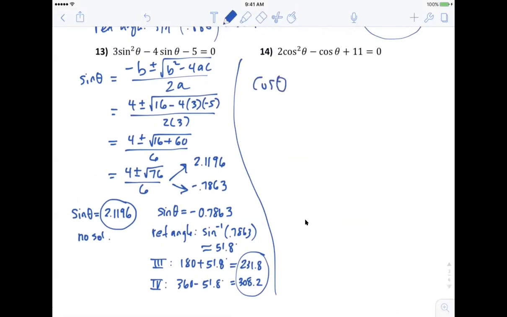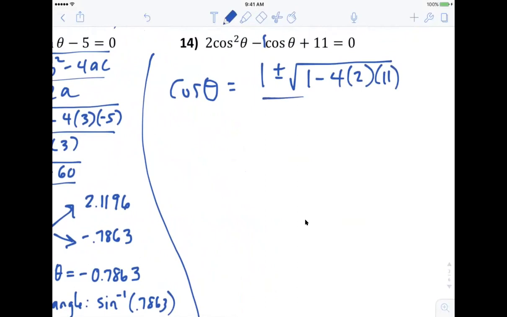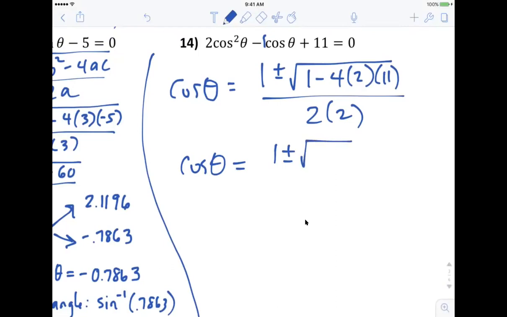Cosine theta equals negative b. So negative negative 1 plus or minus b squared is 1 squared minus 4. That's a 1 right there. A 2, C 11, right? All over 2a. Okay. And we have 1 plus or minus square root of 1 minus 88 all over 4.